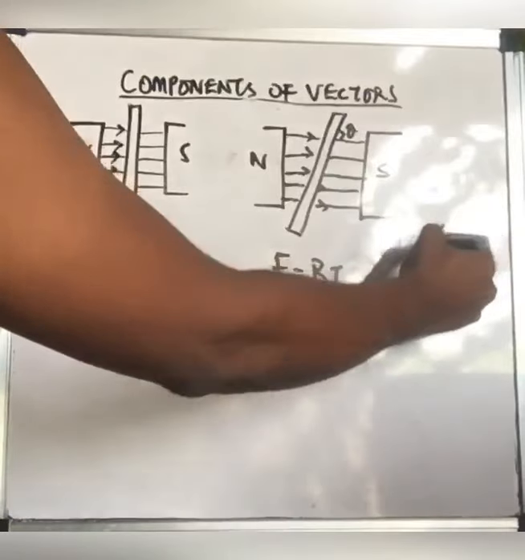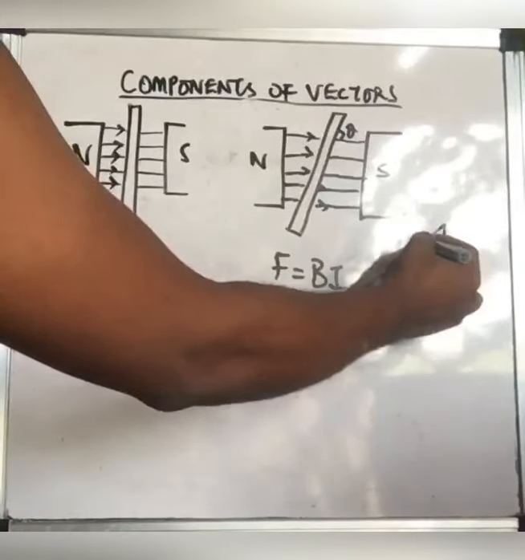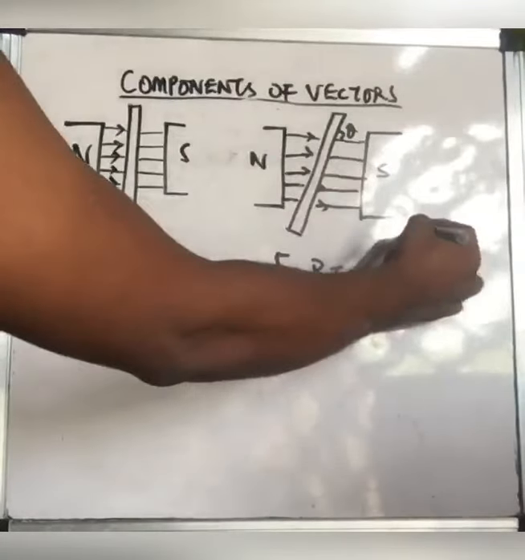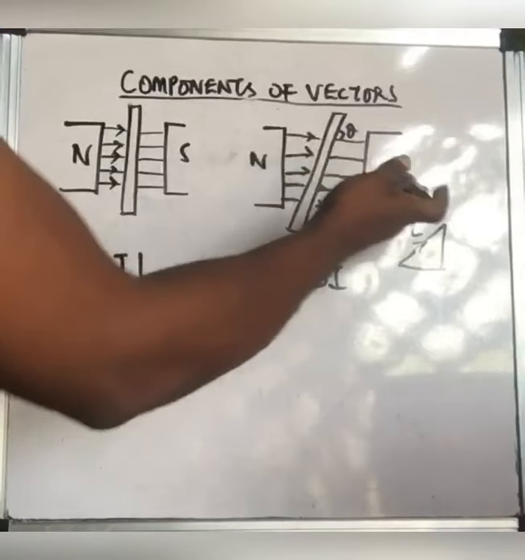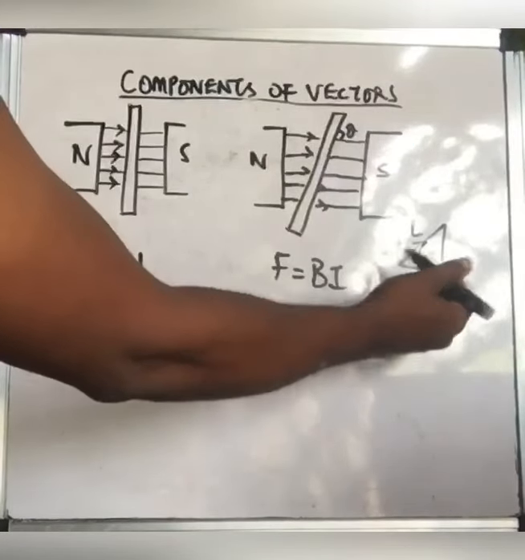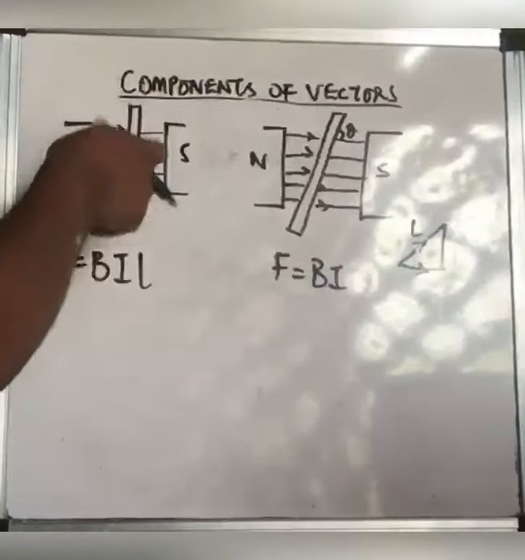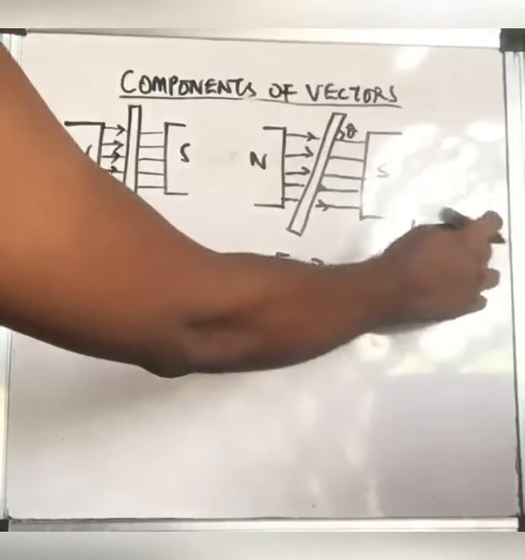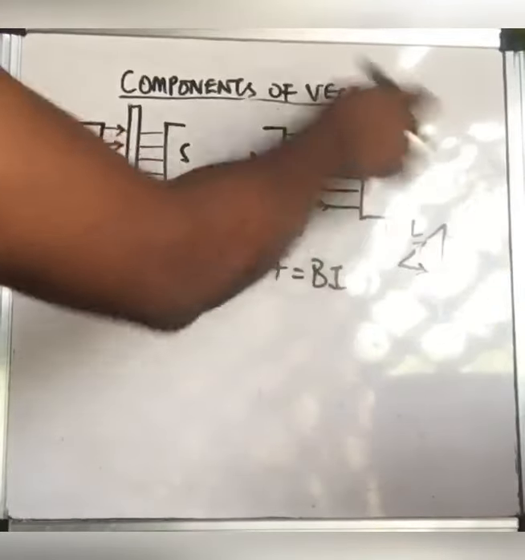So if we draw our vector diagram, we know that the length is like this in this case. The field direction is this, then this represents the direction as when it was like this. So we want to find the component of L when it was like this.